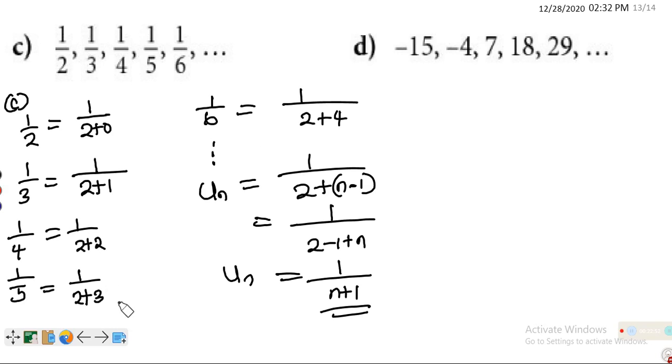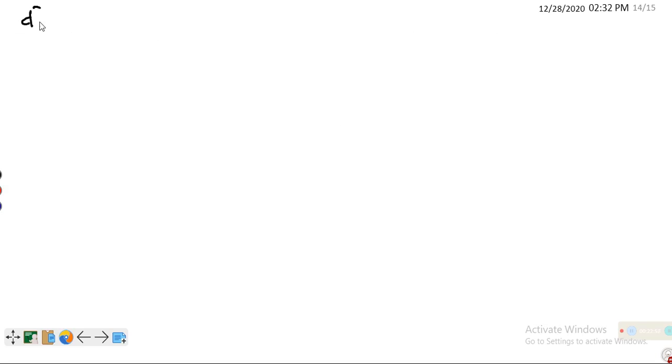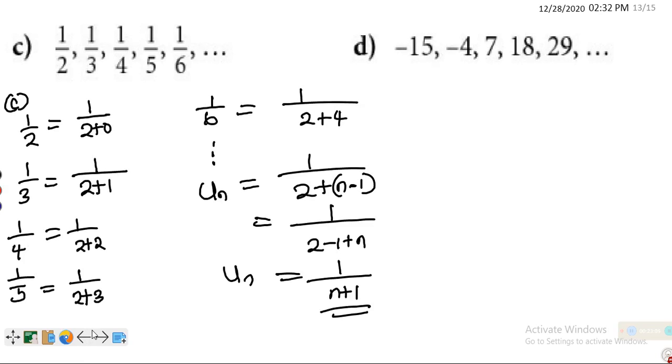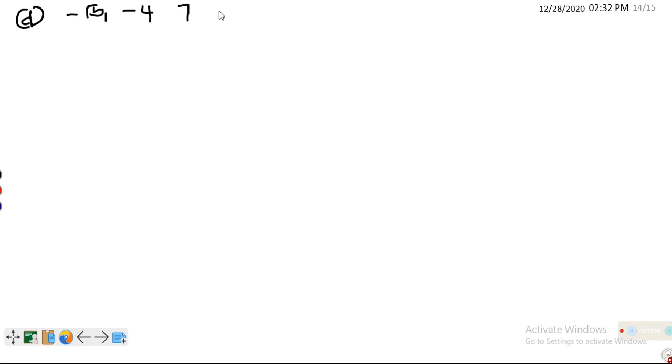Let's take the last example. Minus 15, minus 4, 7, 18, 29.